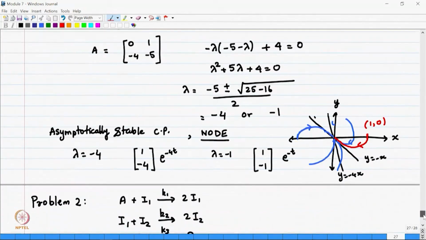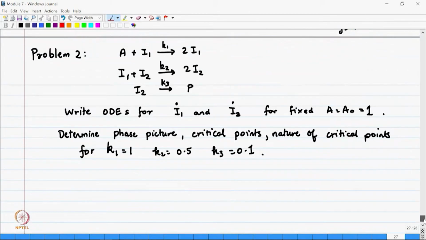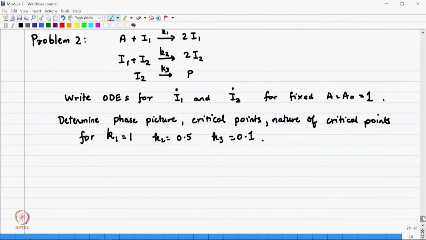Now, the next problem is a chemical reaction. I am writing the overall scheme. The overall reaction is A going to P, some reactant going to a product, and there are various steps in this reaction.